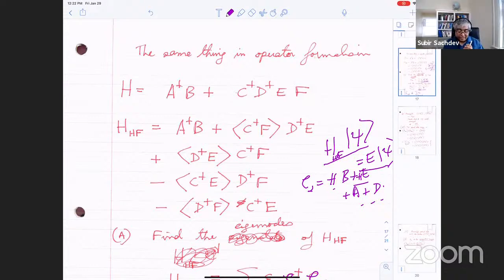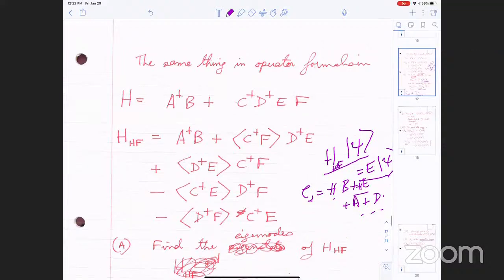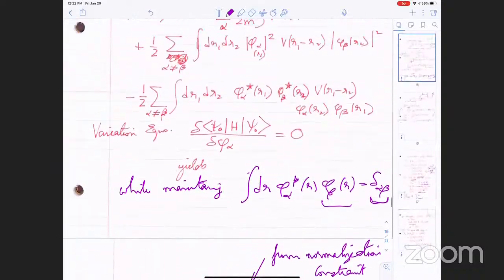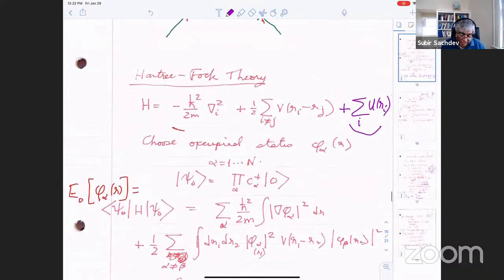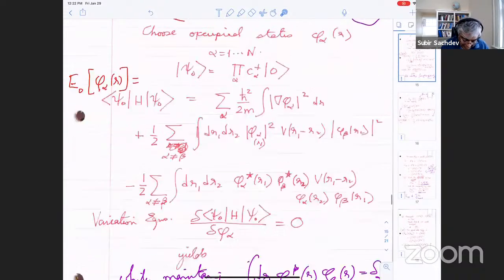Well, just because we work in a basis which is not the eigenbasis of the one particle term. What you're saying would be true otherwise. Suppose I take this Hamiltonian here, the A dagger B term represents the contribution of this term and this term. That's the one particle term. Let me write it out here.